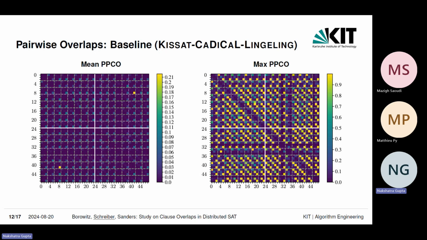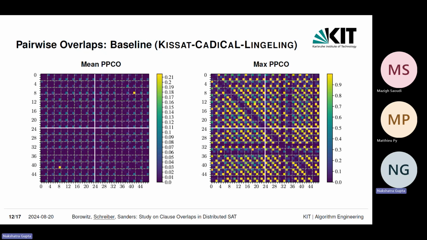So it's always Cadical, Kissat, Lingeling, Cadical, Kissat, Lingeling. And what we see here for the mean pairwise produced clause overlap is that the lower right cell is always the brightest. That means that pairs of Lingeling solvers in that experiment have the highest overlaps with one another, rather than any other pair of solver backends.